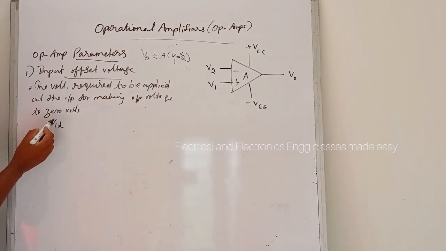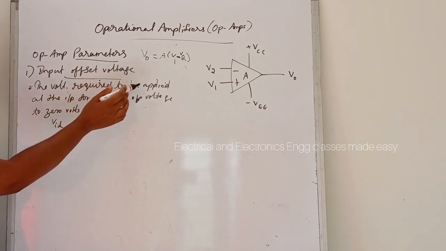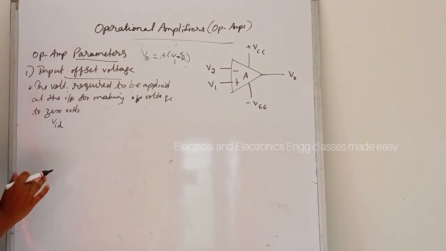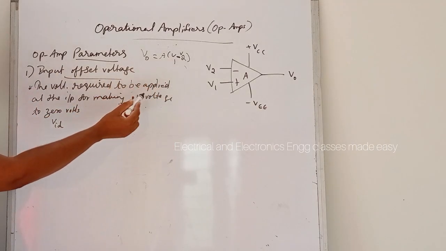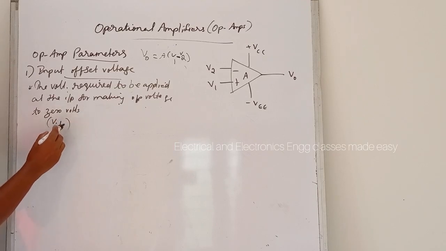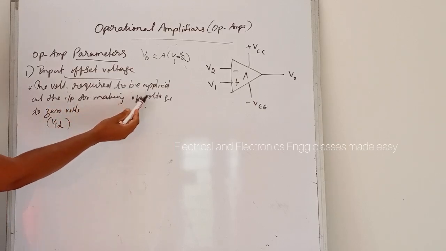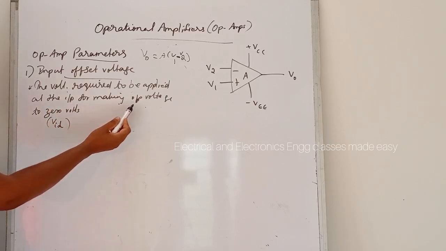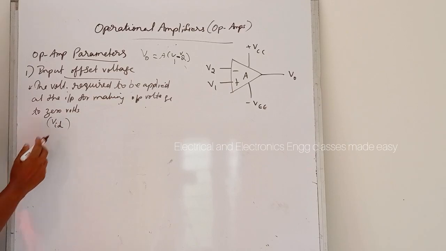That is, the difference in input voltage applied at the input terminals. So input offset voltage is denoted by VID, the voltage required to be applied at the input for making the output voltage 0 volts.